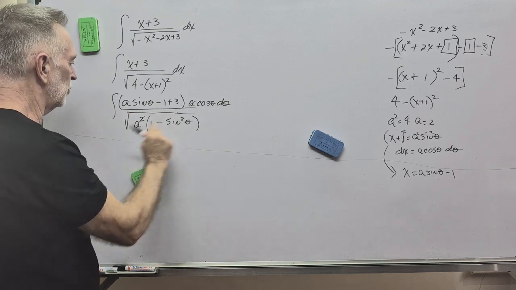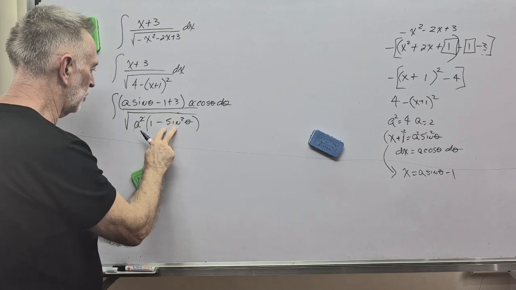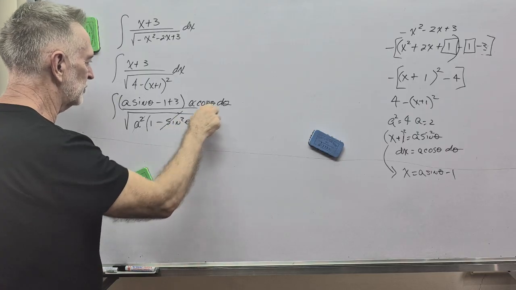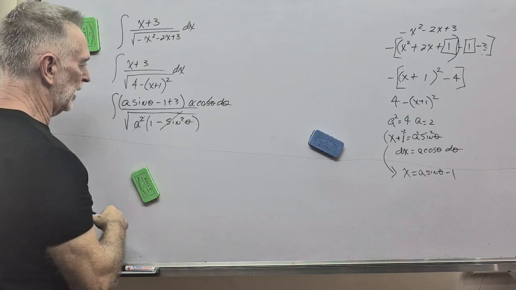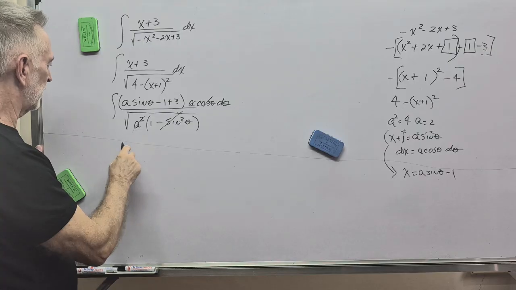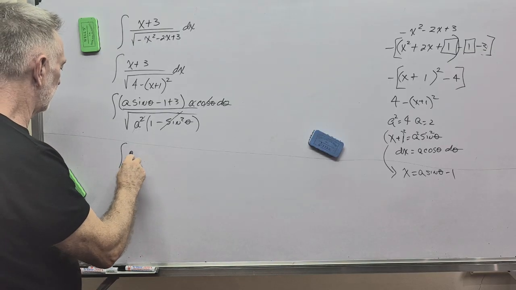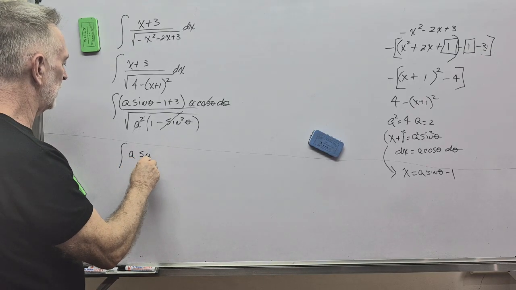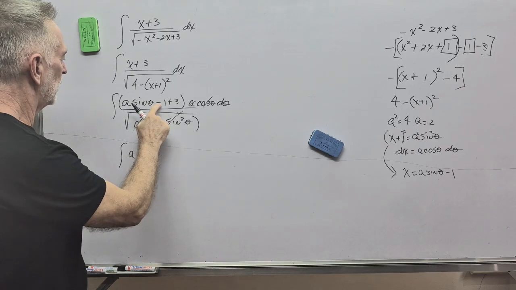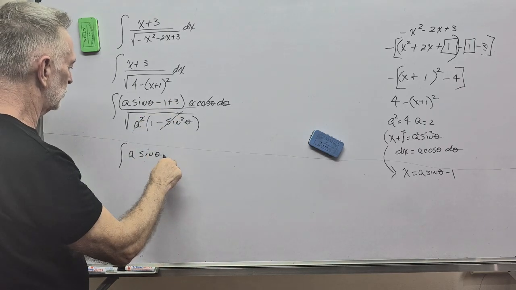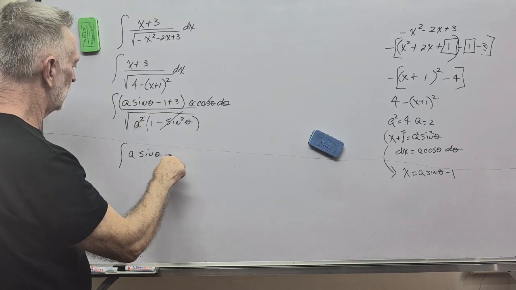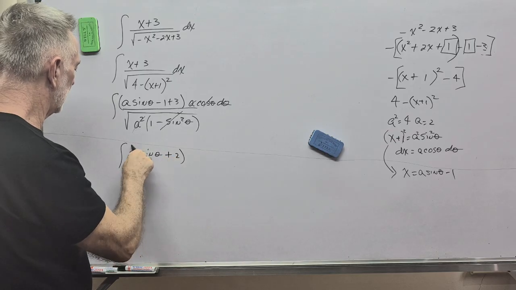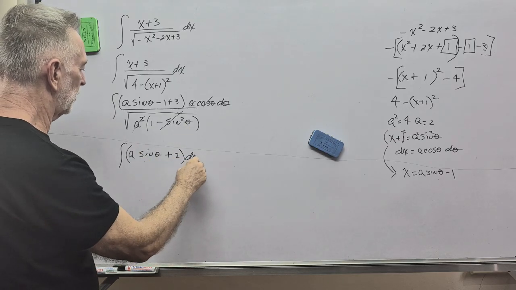The square root of cosine squared is cosine. So this and the cosine term cancel, which leaves me with the integral of a sine theta, and 3 minus 1 is 2, so it's a sine theta plus 2, and I'm integrating that with respect to theta.